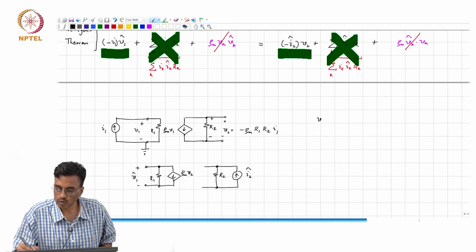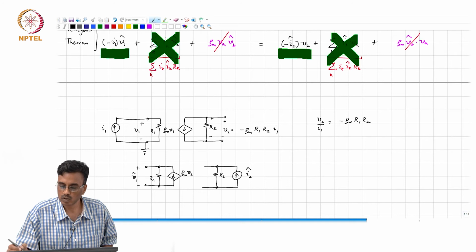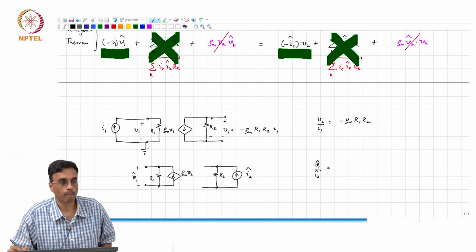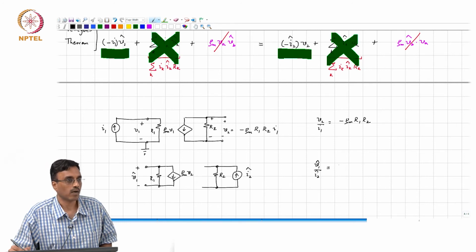So, V2 by I1 in the first case happened to be minus Gm R1 R2, V1 hat by I2 hat turns out to be what?